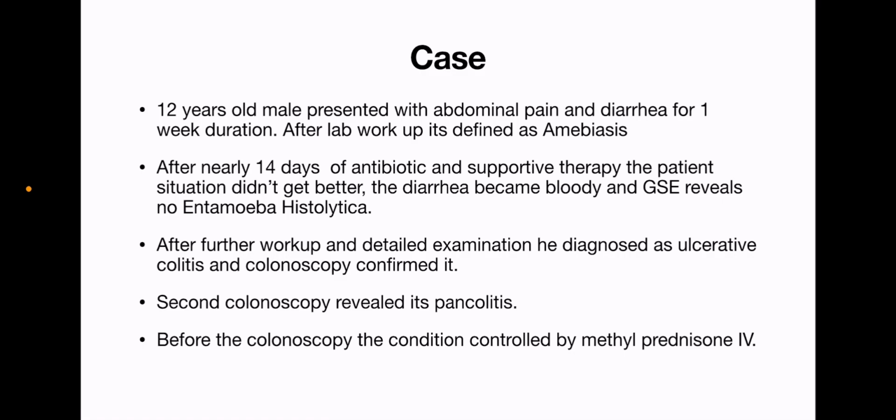After nearly 14 days of antibiotics and supportive therapy, the patient's situation didn't get better. The diarrhea became bloody, and general stool exam revealed no Entamoeba histolytica. So after taking treatment for amoebiasis, the Entamoeba is gone, but the diarrhea became bloody.